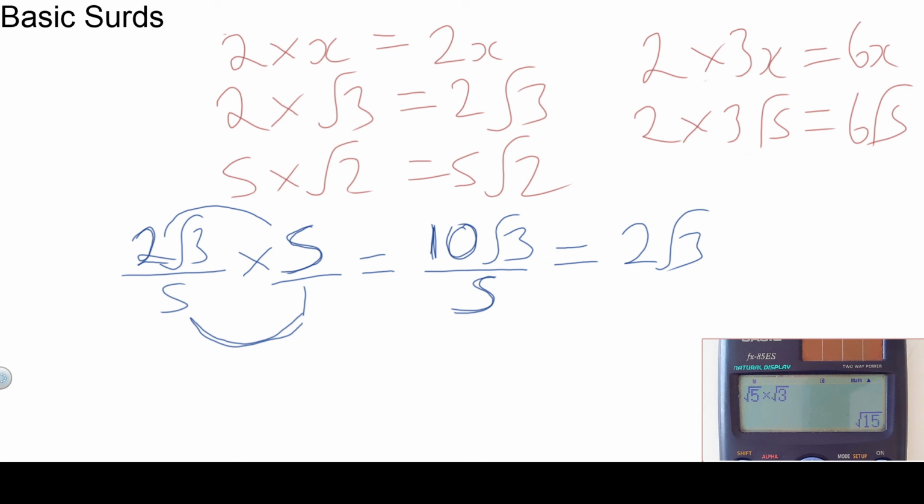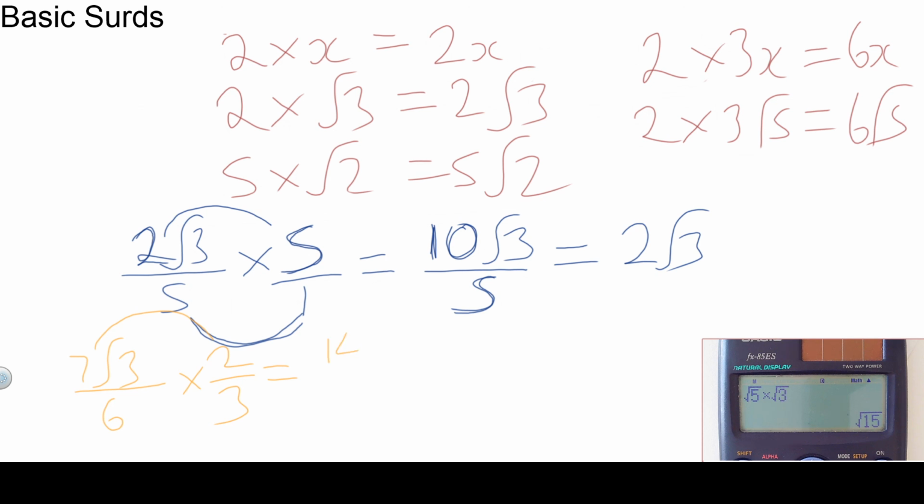Right, one more. Let's do a different colour, make it stand out. Let's say you got 7 root 3 over 6 multiplied by 2 over 3. Multiply the numerators together.